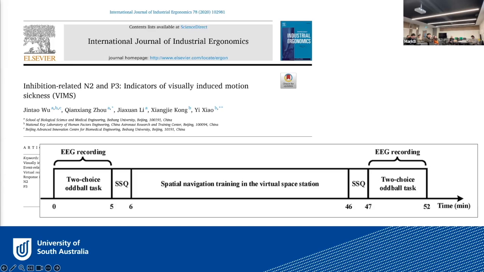The rationale behind this setup is that due to this VR experience, they have some severe sickness, so their cognitive function is somehow affected. So they assume that there will be a difference between the first task and this later task.